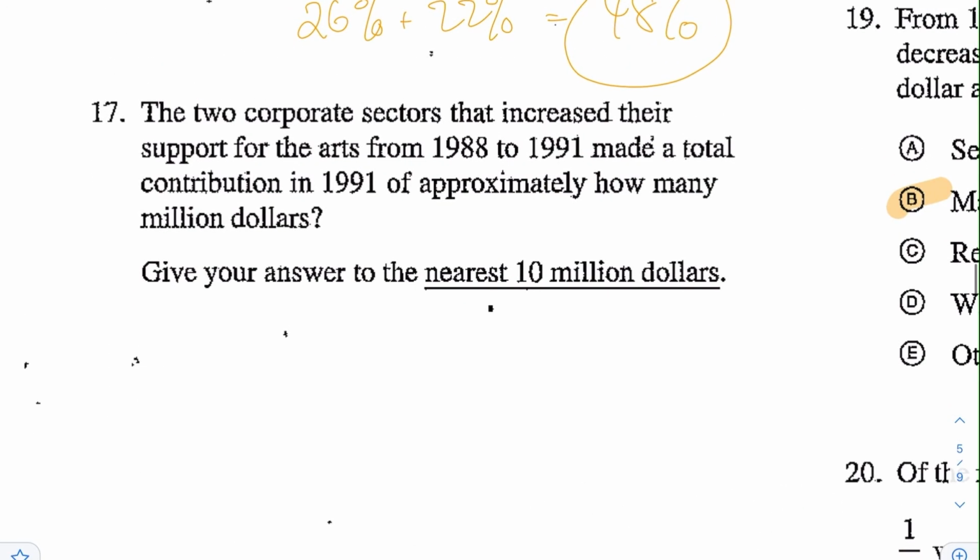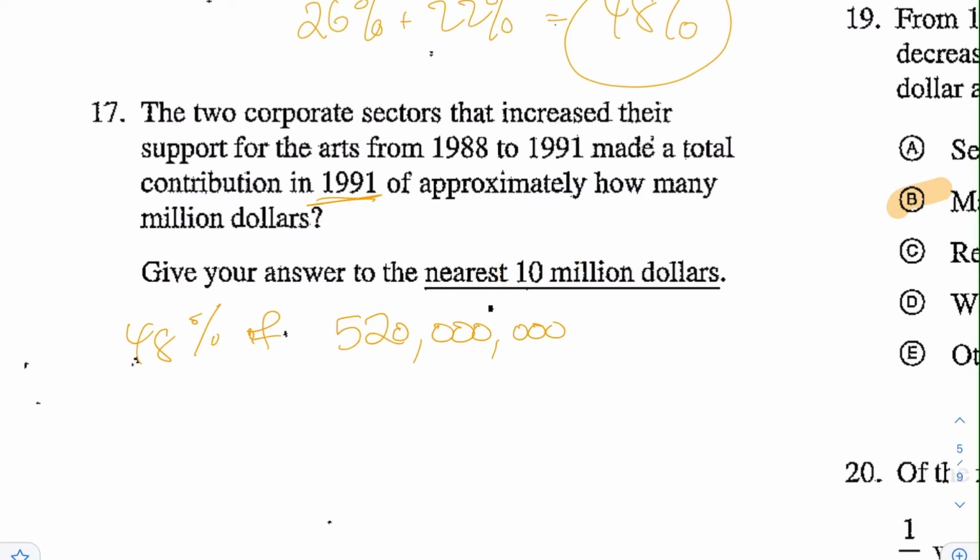So your equation is for 1991. These two sectors contributed 48% of 520 million. And now you want to figure out how many millions of dollars they gave. So the final answer will be in millions. And then you have to round.